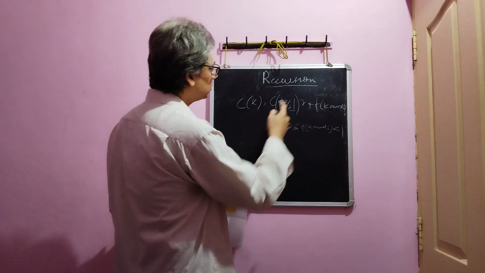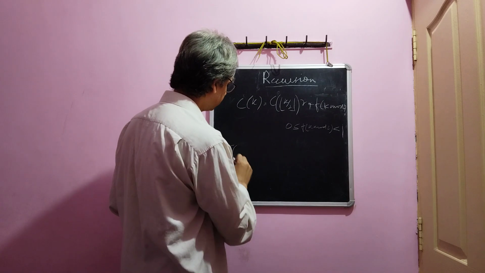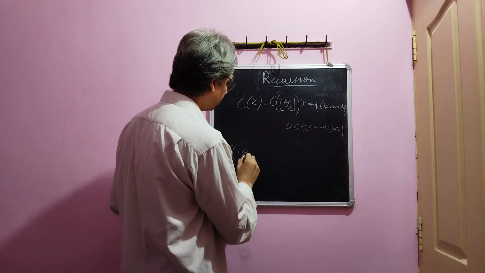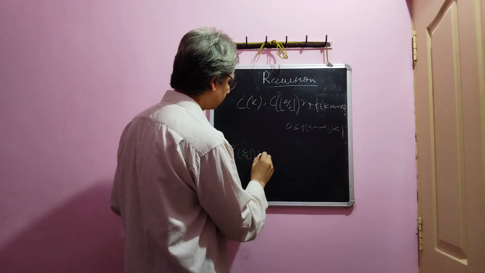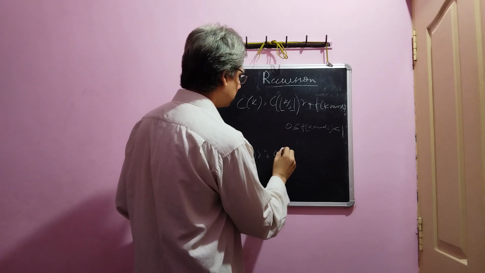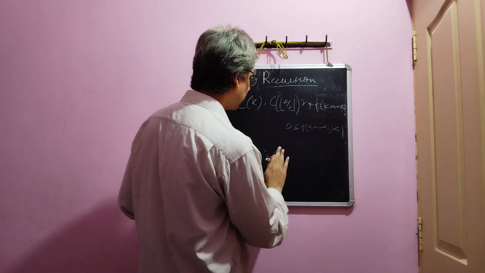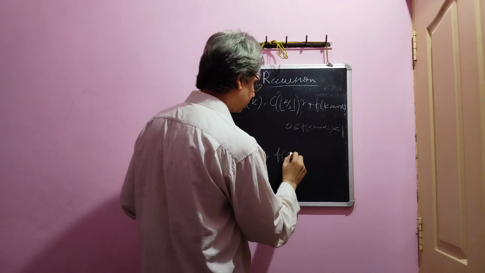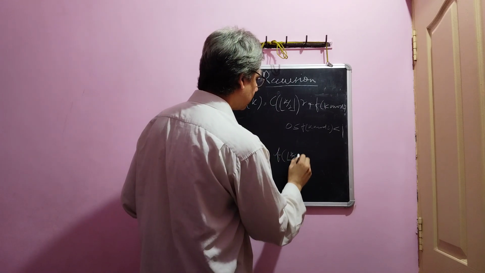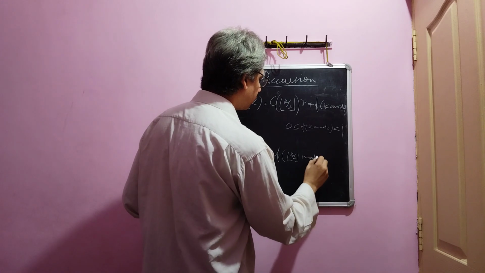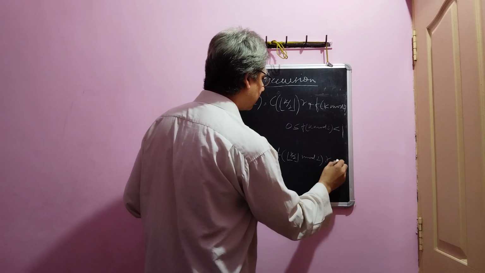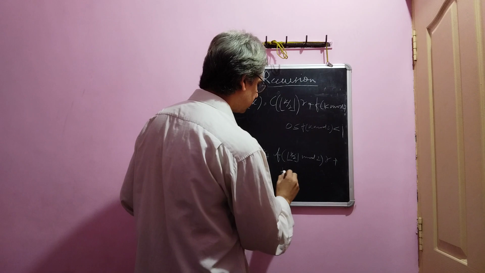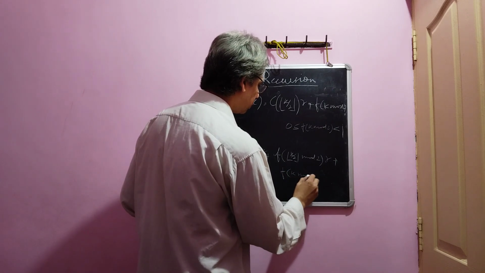Now if we expand this here, we will get C of floor of k by 4 times r square plus f of floor of k by 2 mod 2 times r plus f of k mod 2.